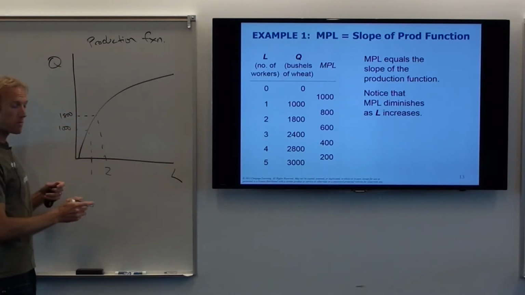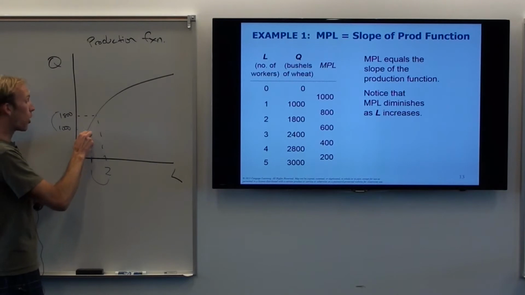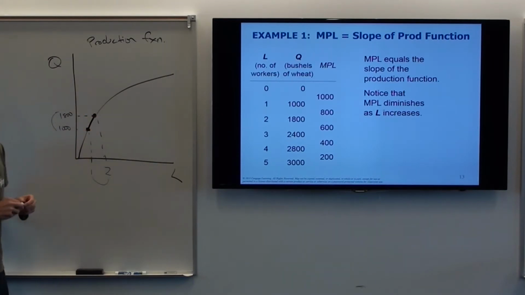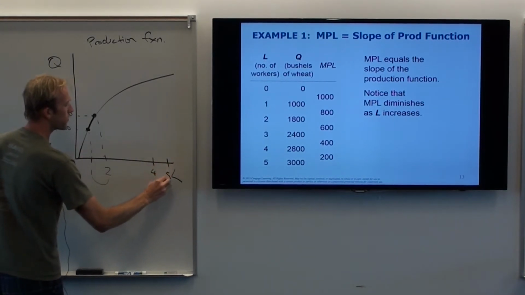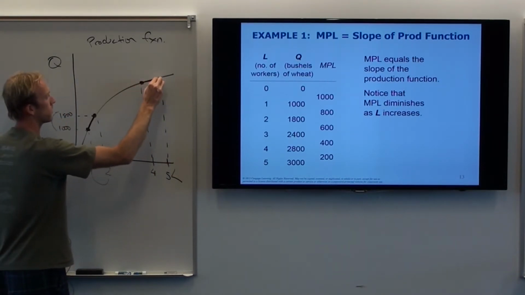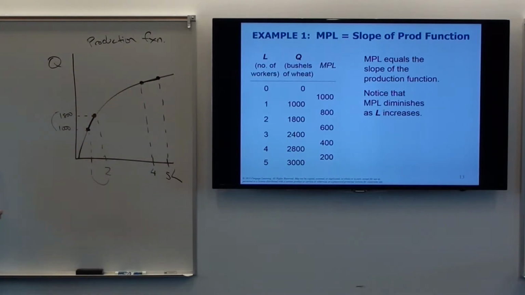1,800, right? So the marginal product of labor between guy 1 and guy 2 was 800. It's also the slope from here to here of the production function. Does that make sense? What do you notice about the slope from there to there versus the slope from there to there? Is it the same slope?